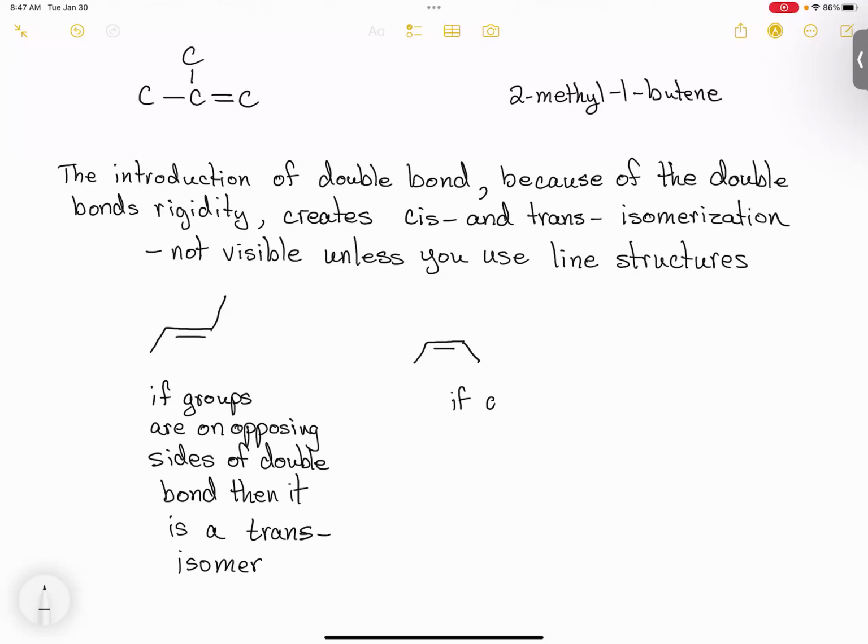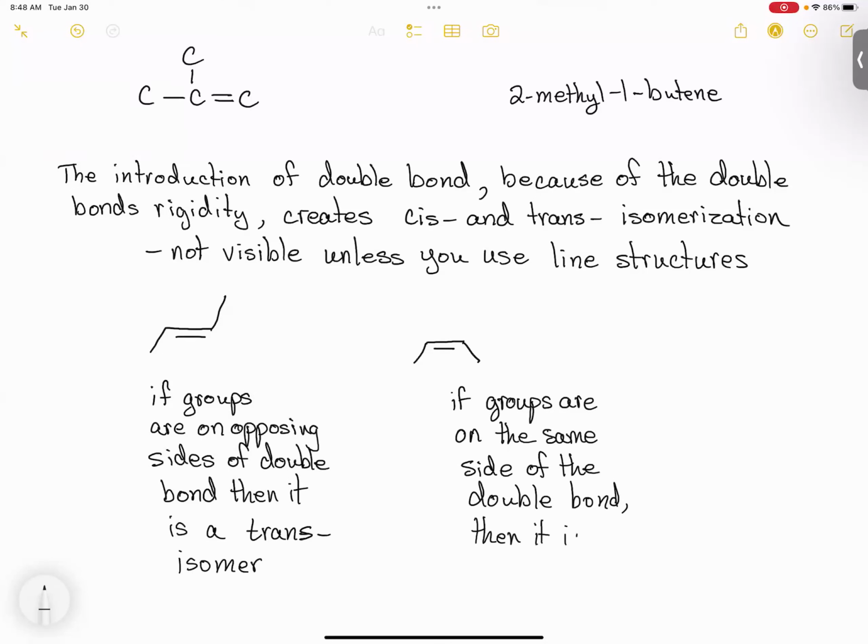However, if the groups are on the same side of the double bond, then it is a cis isomer.